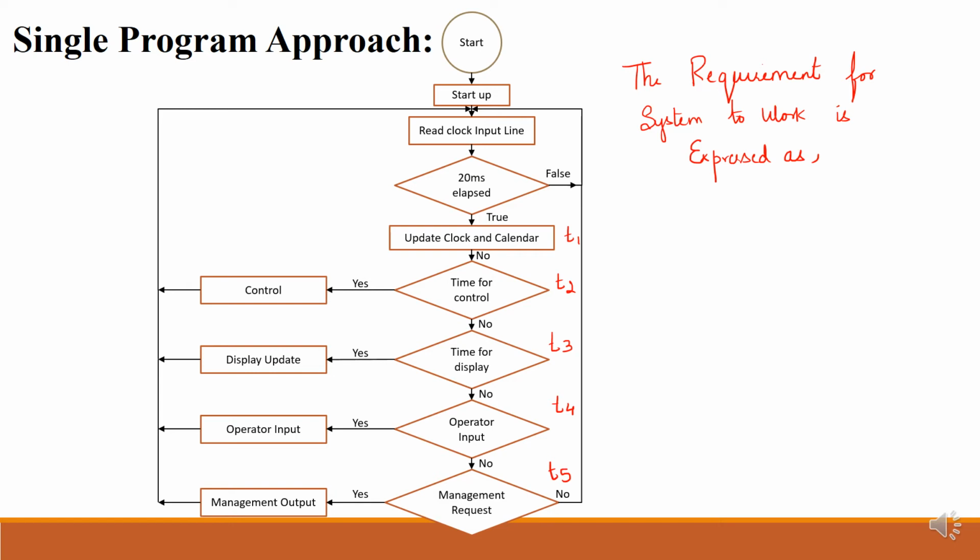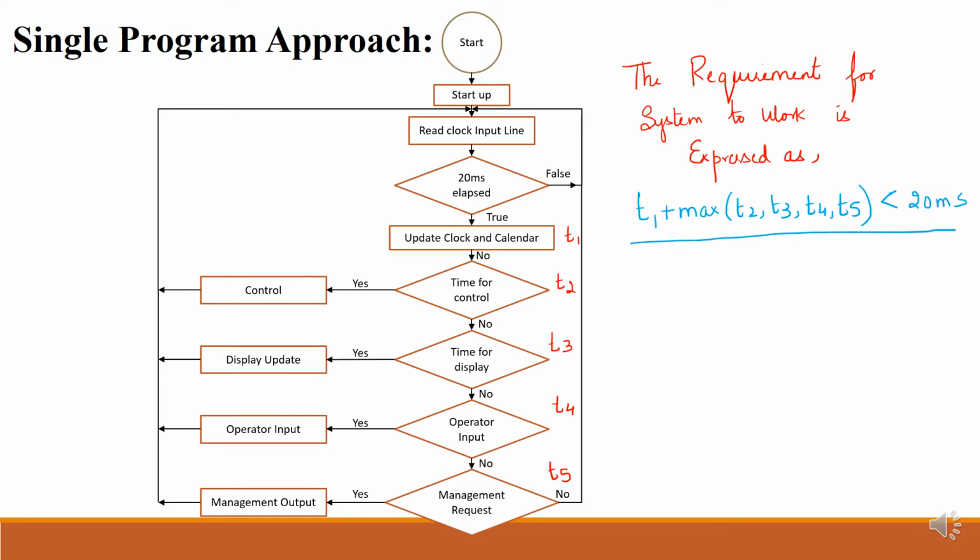The requirement is that T1 plus the max of any one of the modules, that is T2, T3, T4, T5, should be less than 20 milliseconds. This is the most important requirement for the single program approach.